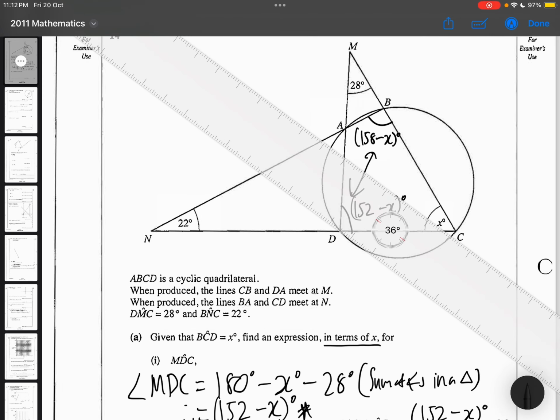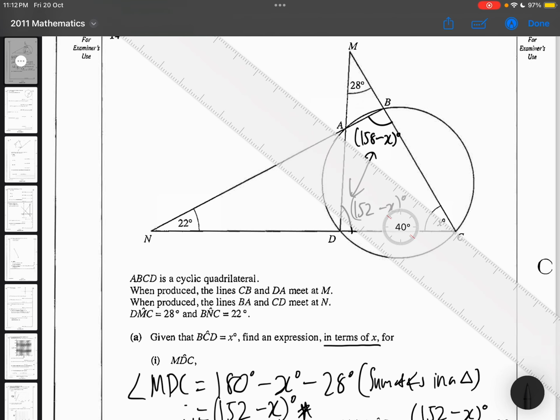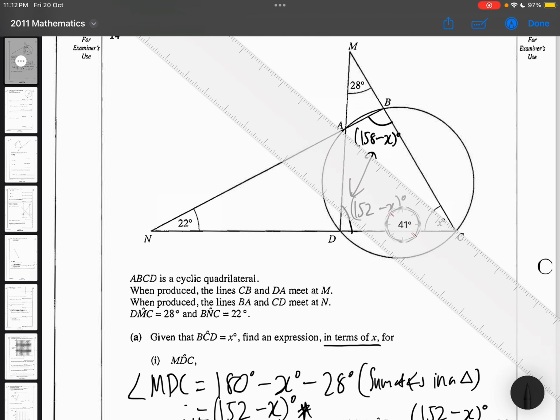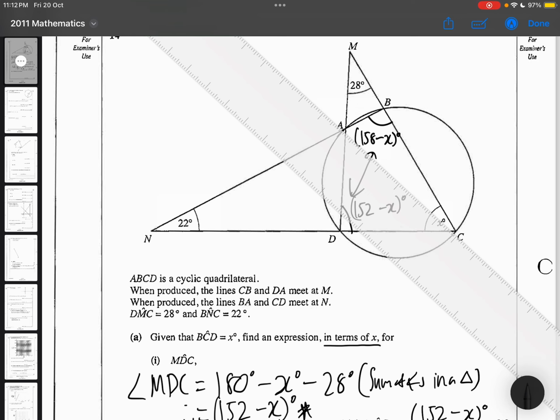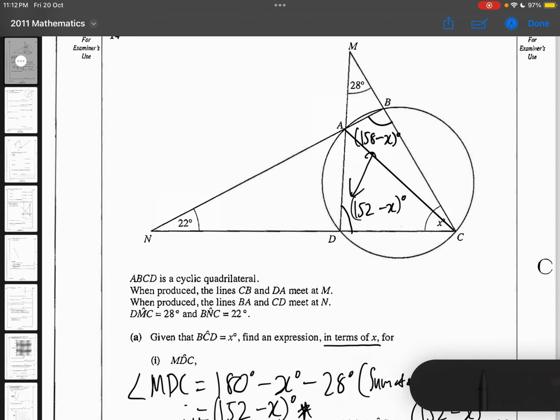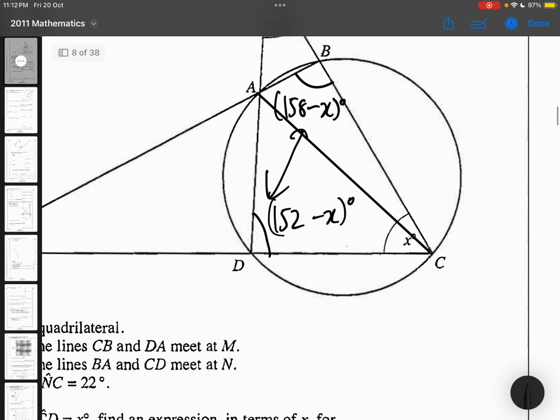Grab on my ruler. Try to angle it. Okay. Now what I'm referring to over here is this chord, AC, which divides the circle into 2.